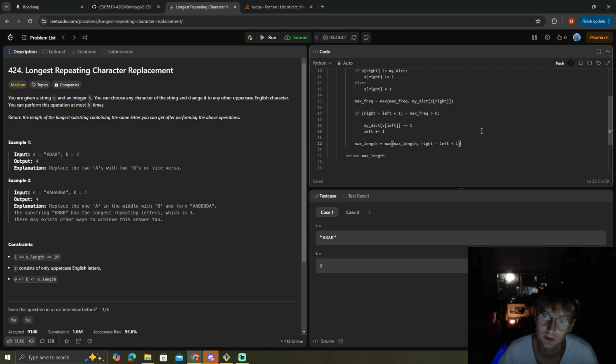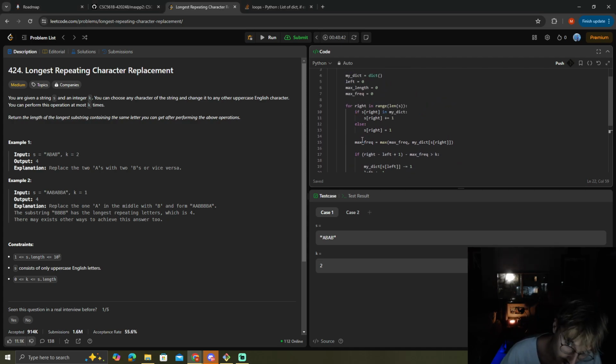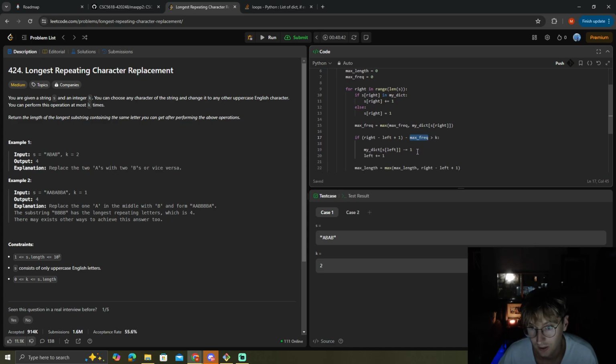Okay, yeah, I think I'm understanding a little bit. So we're calculating our max freq every single time. If right minus left plus 1, which is the window, minus the max freq is greater than k, which is the amount of positions that we can fill in, then we shift the left pointer by 1 to the right.